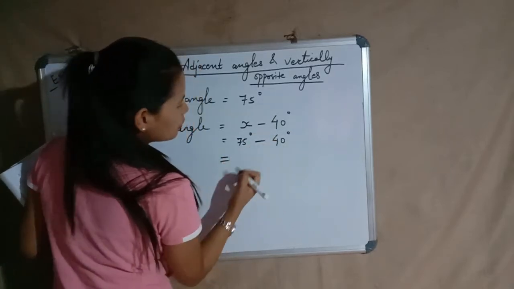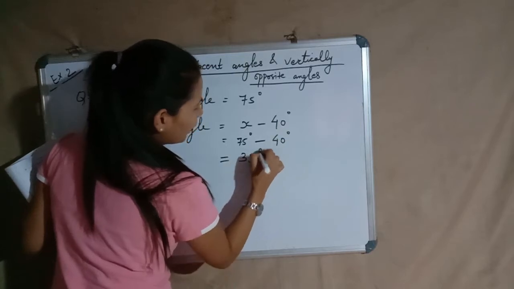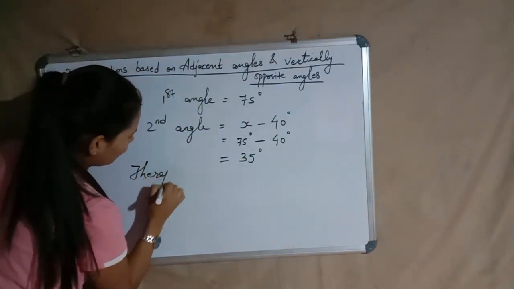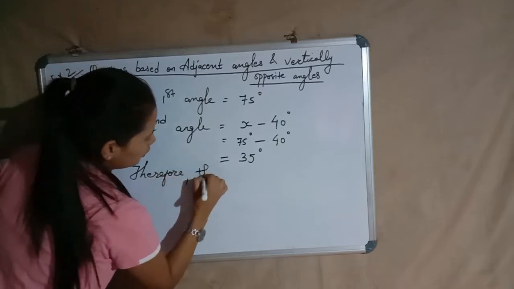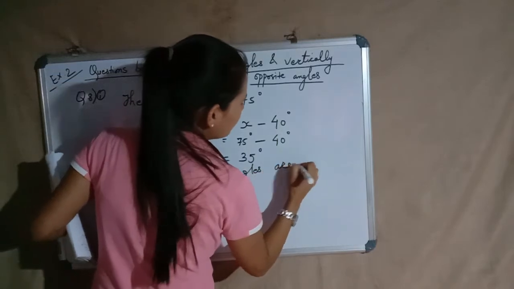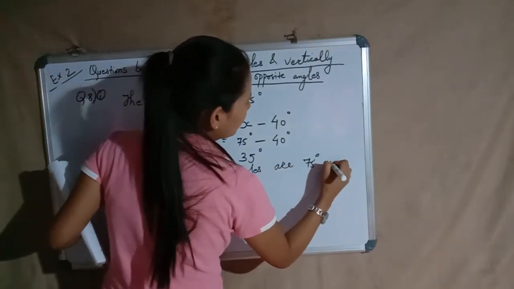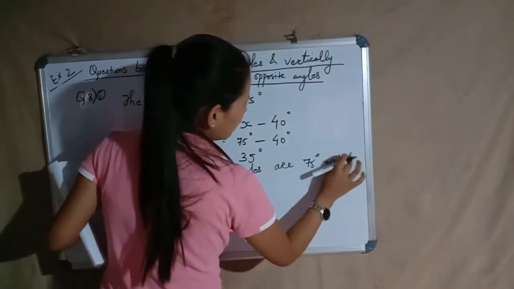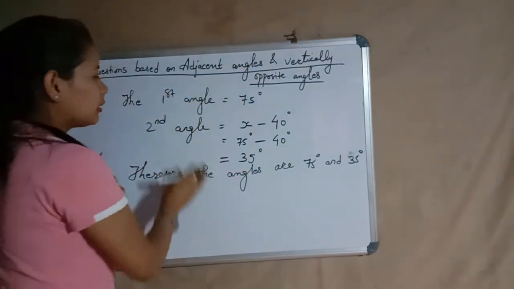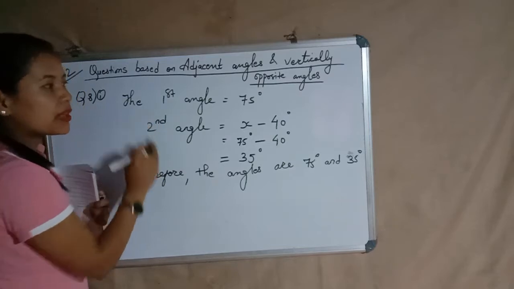That is equal to how much? 35 degrees. So we conclude here saying, therefore, the angles are 75 degrees and 35 degrees.